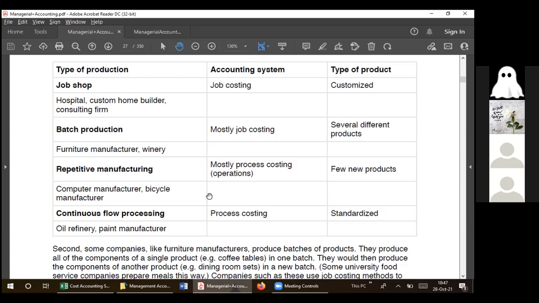Then we have continuous flow processing. Flow processing is the same as repetitive manufacturing, only the product flows out instead of being created in units. For example, an oil refinery doesn't produce 1 liter of oil at a time and give it out. No, the oil is manufactured continuously. So that is continuous flow manufacturing.